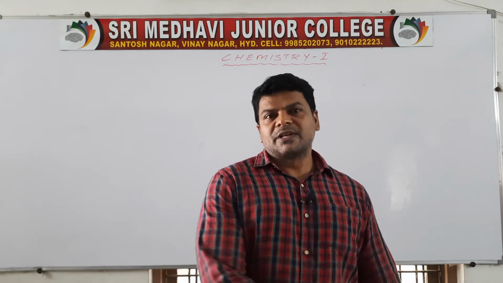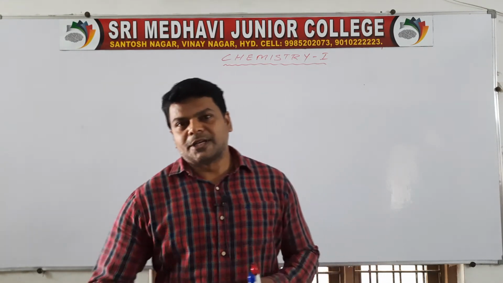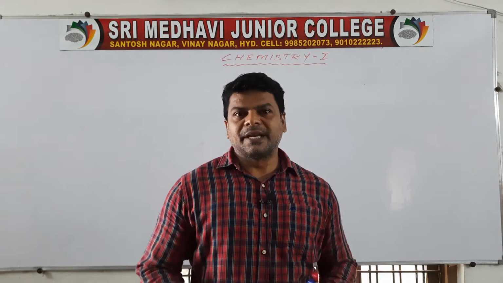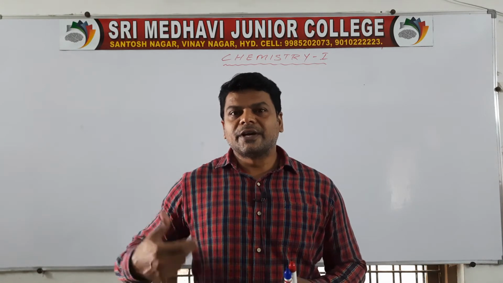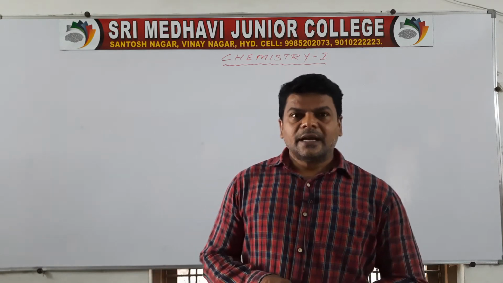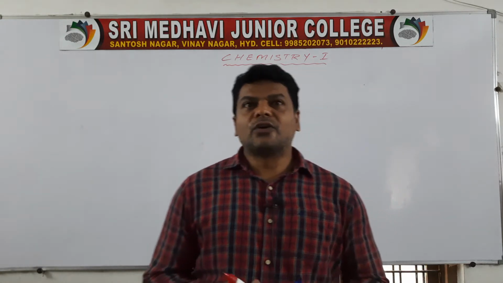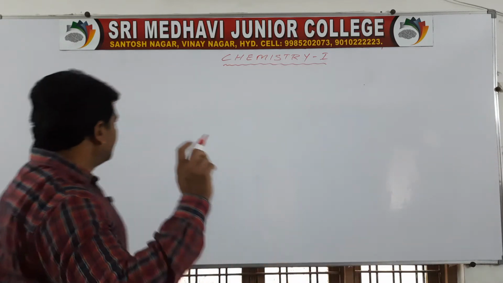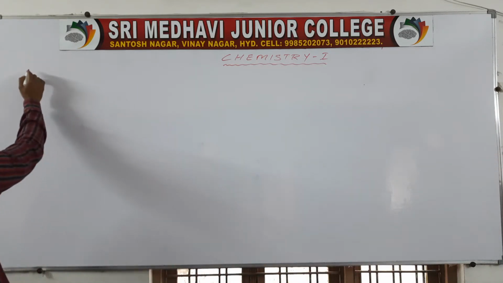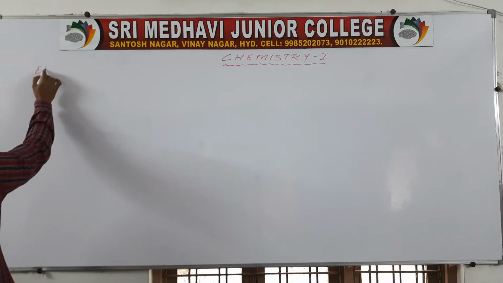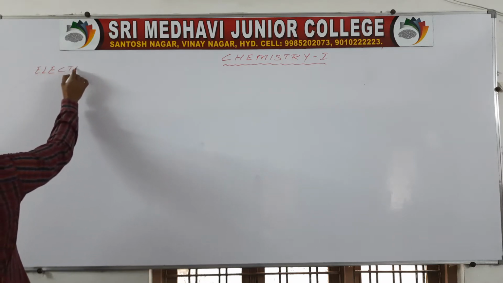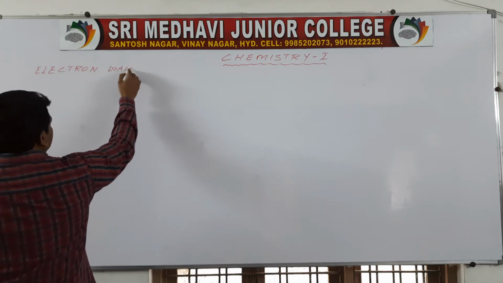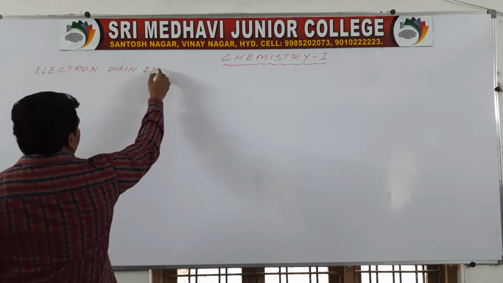So in the previous class we discussed ionization potential and the variation of ionization potential in groups and periods. Then we are going to discuss electron gain enthalpy, one more periodic property.